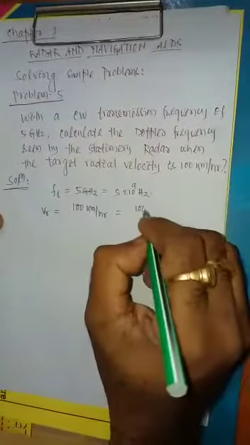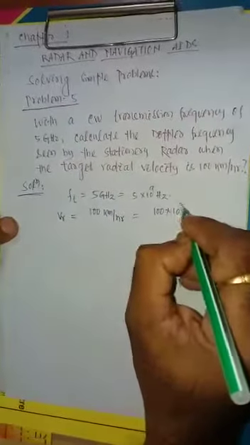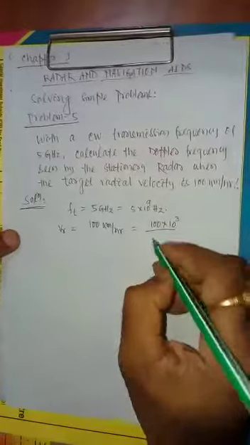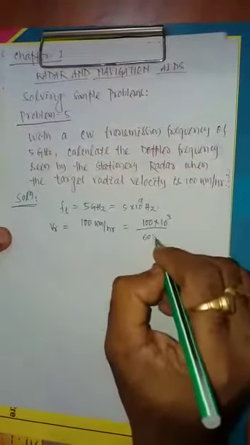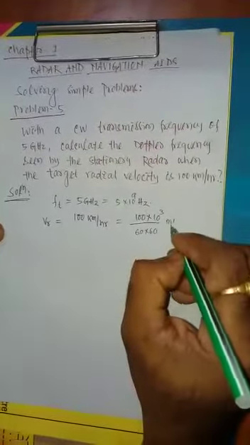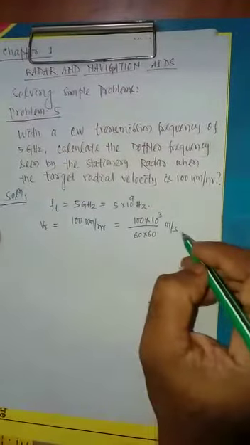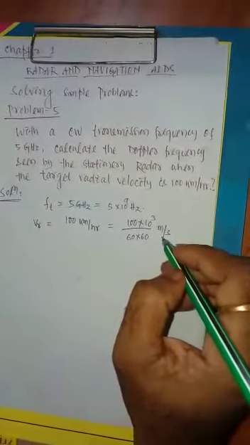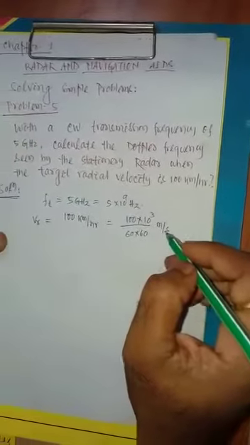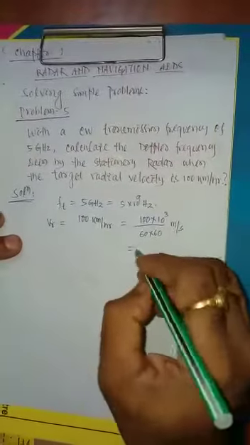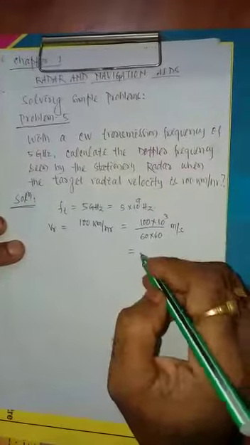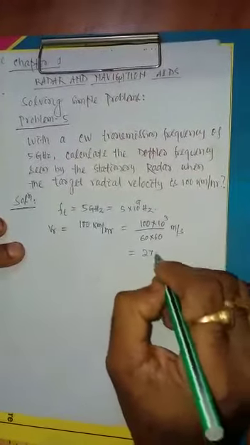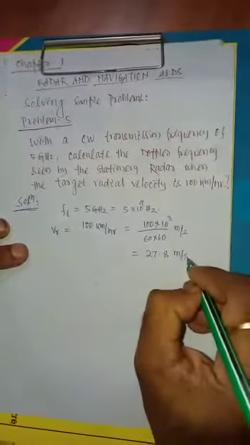This is equal to 100 into 10 to the power 3 meter per 1 hour, which is 60 into 60 second. So this comes to be 100 into 10 to the power 3 divided by 60 into 60 meter per second, and this is coming to be 27.8 meter per second.